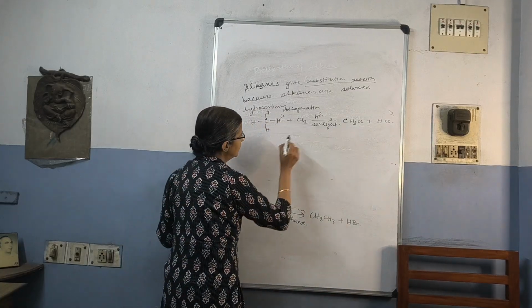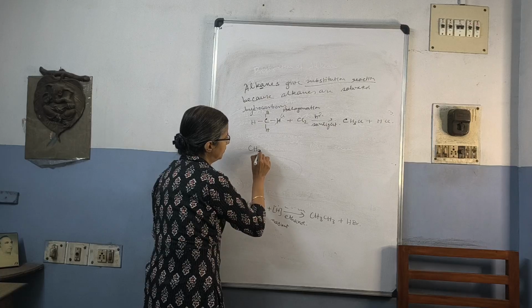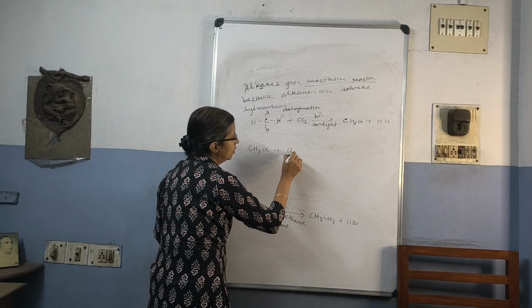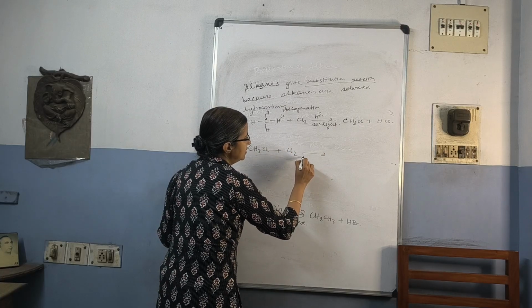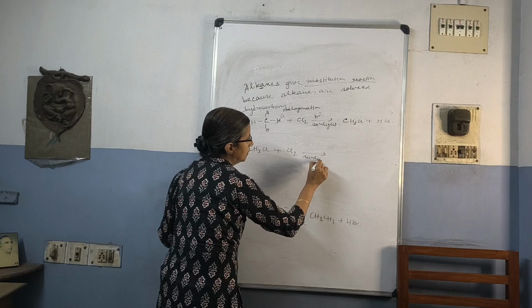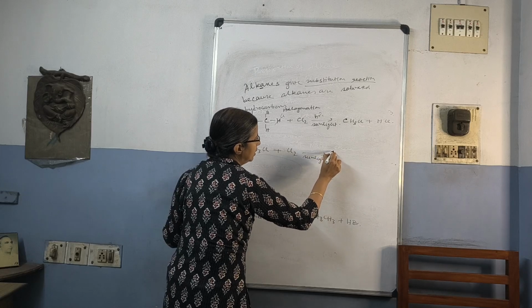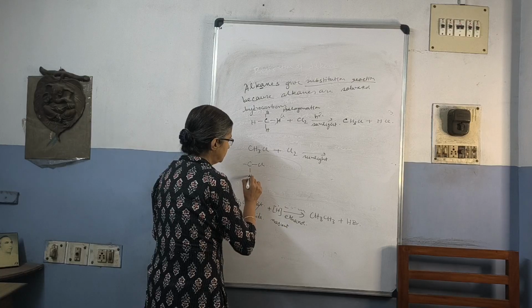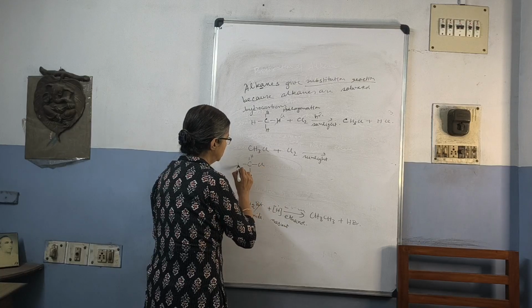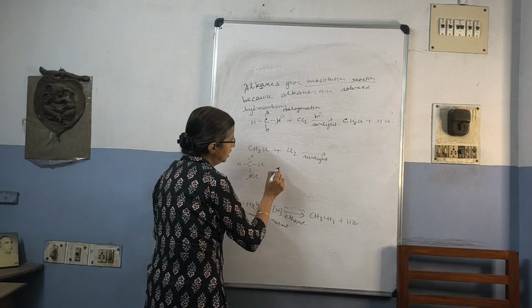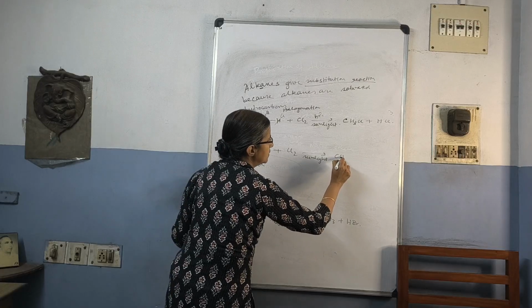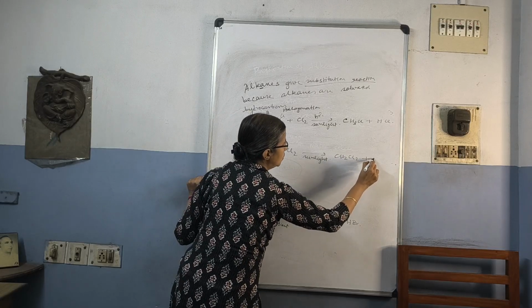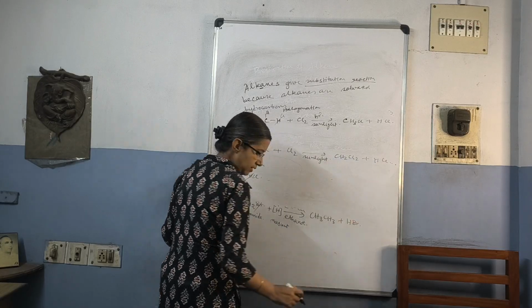Next, if you take this CH3Cl and add one chlorine, then again sunlight, that will substitute another chlorine. So we will get CH2Cl2 and again HCl.